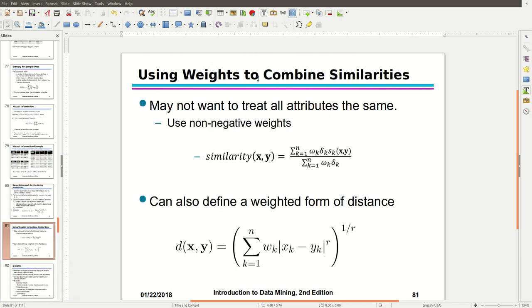We may want to use weights, so we don't treat all attributes the same way, and we can use a weight function w here, because maybe we want to value some attributes with a higher weight than others because they are maybe more important.